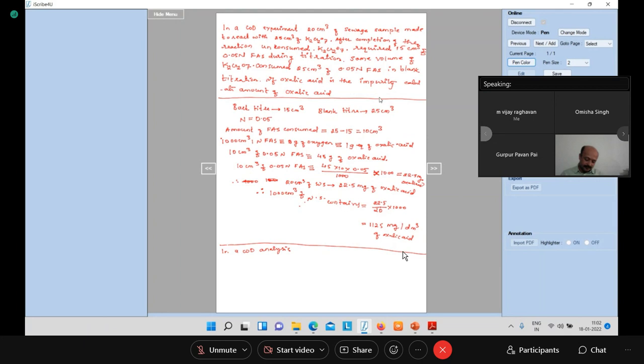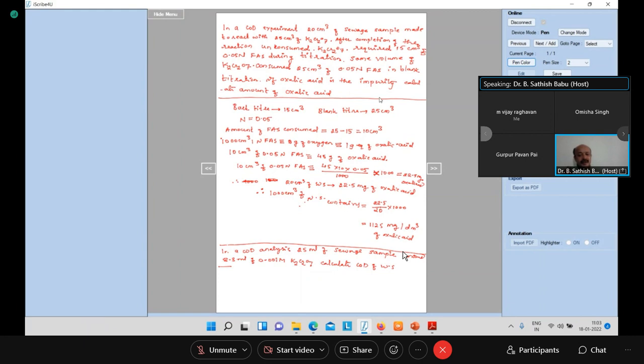In a COD analysis, 25 ml of sewage sample consumed 8.3 ml of 0.001 molar K2Cr2O7. Calculate the COD of the water sample.